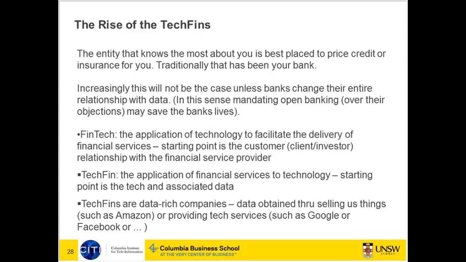These data-rich companies, such as Amazon, Google, Facebook, Tencent, Alibaba, know much more about you than your bank. And they don't know about you quite as directly as the bank used to know, perhaps.